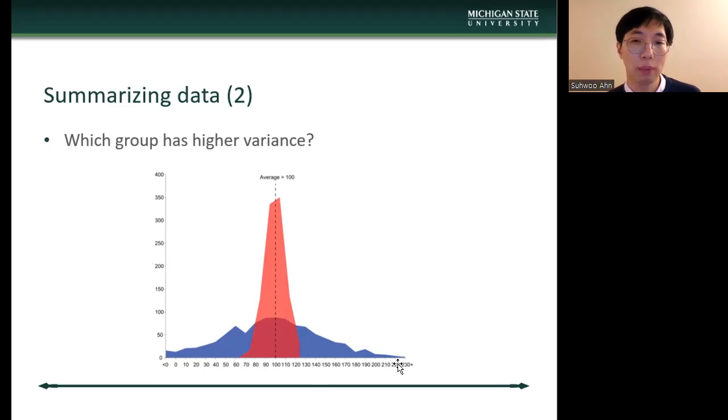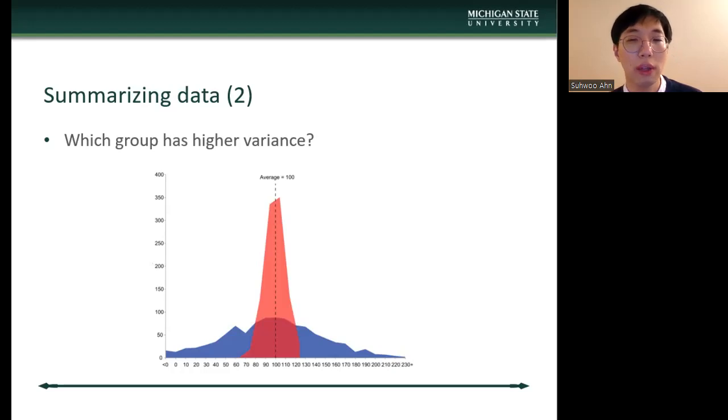However, in the red group, the values are clustered and not that different from each other, like 90, 95, 100, 99. So most of the values are around 100. Then we can say that the blue group has higher levels of variance than the red group because the values are widely dispersed.